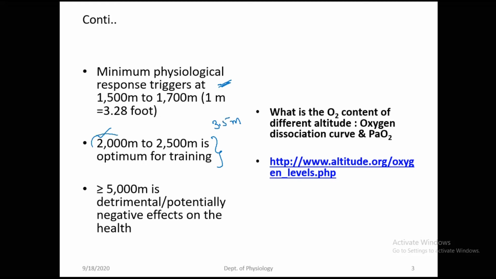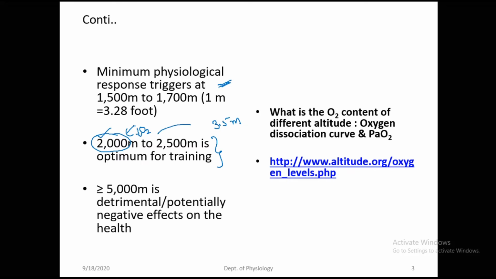At the initial level of training, the initial exposure of any player begins from 2000 meters, where the oxygen concentration drop is very minimal, so the player can sustain the low oxygen levels.